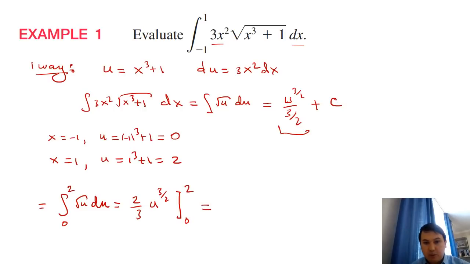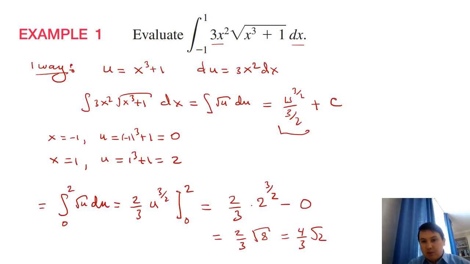So at 2 you get 2 over 3 times 2 to the 3 over 2 minus, at 0, it's 0. So this is 2 over 3 times square root of 8. If you want to simplify further, this is 4 over 3 square root of 2. So this is the u substitution for definite integrals.